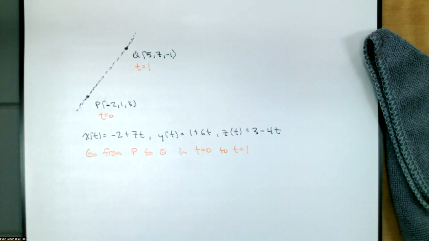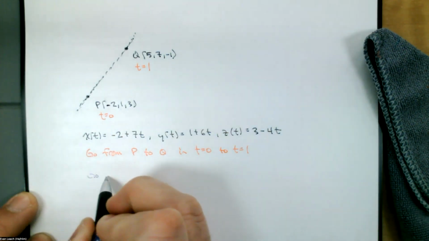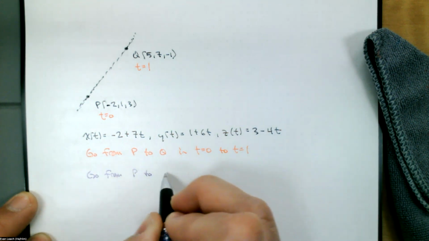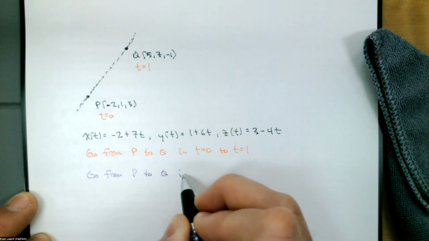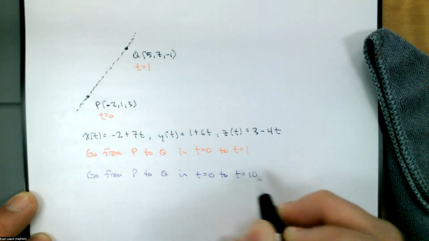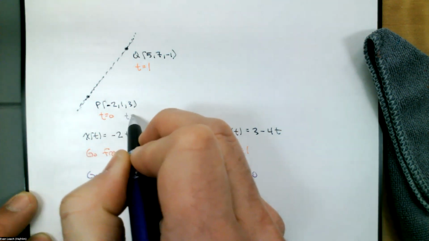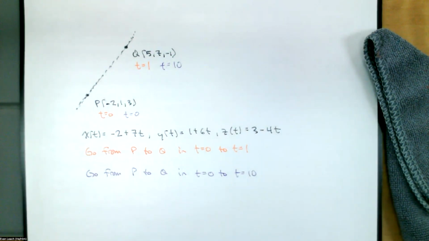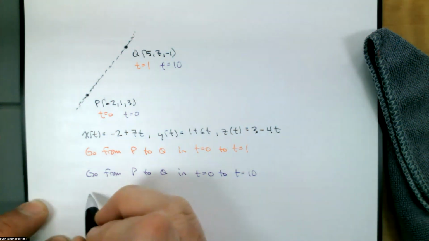Let's go from P to Q in 10 units. So I want this to go from t = 0 to t = 10. So instead of my delta t being 1, I'm just going to change my delta t to 10. My delta x, delta y, and delta z can all remain the same.